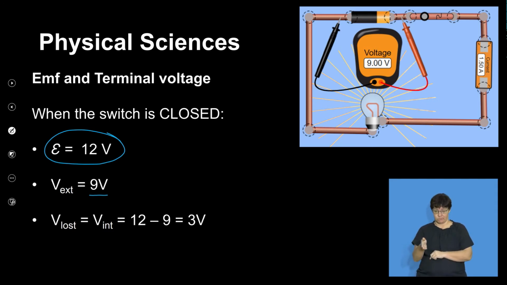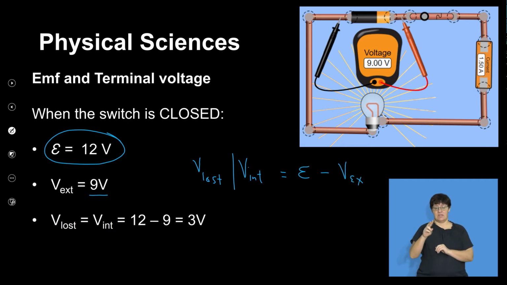Now, the lost voltage is actually 12 minus 9. So V lost, or sometimes V internal, is equal to EMF less V external, which gives us the lost volts of 3 volts. So our V internal in this case is equal to 3 volts, right?